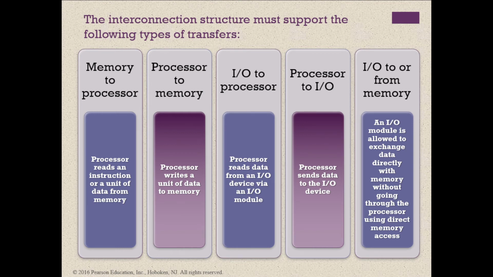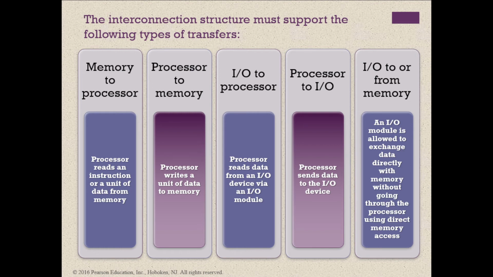And then we have I/O to processor: the processor reads data from an I/O device via an I/O module. Then we have processor to I/O: the processor sends data to the I/O device. And then I/O to or from memory. For these two cases, an I/O module is allowed to exchange data directly with memory without going through the processor, using direct memory access, so as not to disturb the processor in its execution.